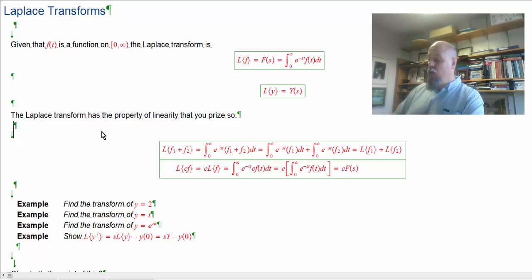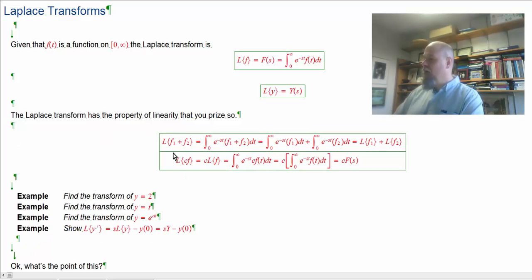So even without me saying these two linear properties, you would probably have assumed that these things are valid anyway, but now we've officially shown them, so we can use them. But we haven't transformed any actual functions yet. What have we done? We said that the transform of a function of t becomes a function of s.